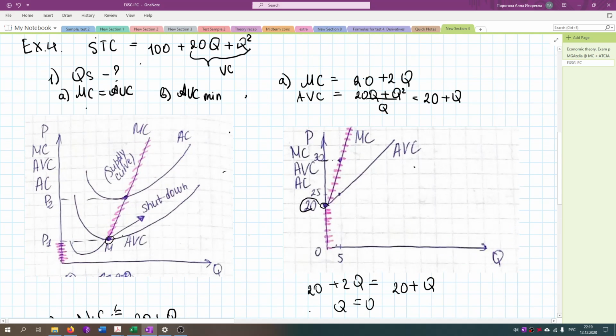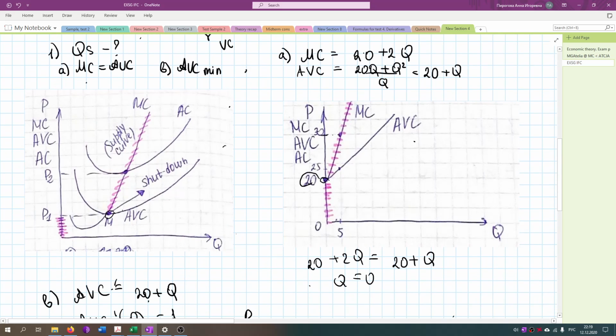because if you look at the graph, here is marginal cost, here is average cost, and we are looking for this intersection. This point gives us profit equal to 0.